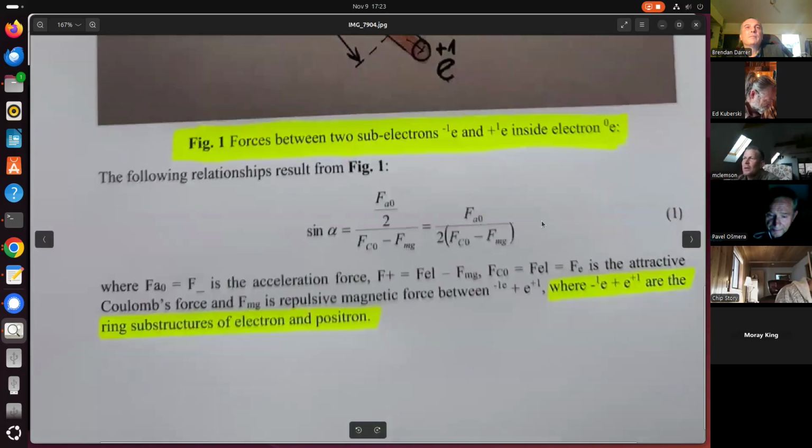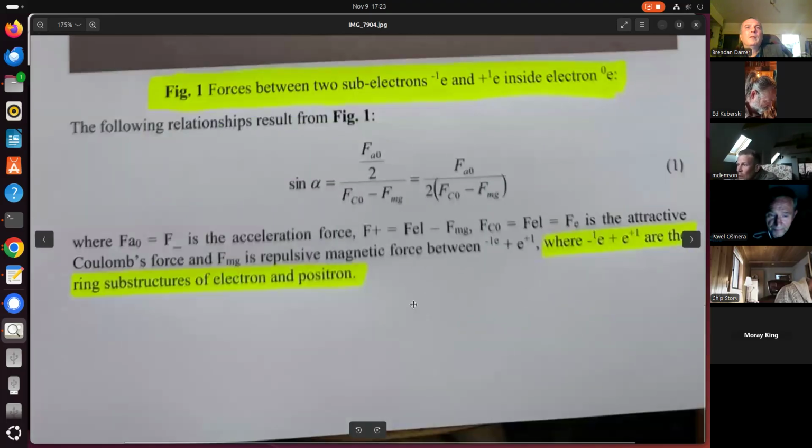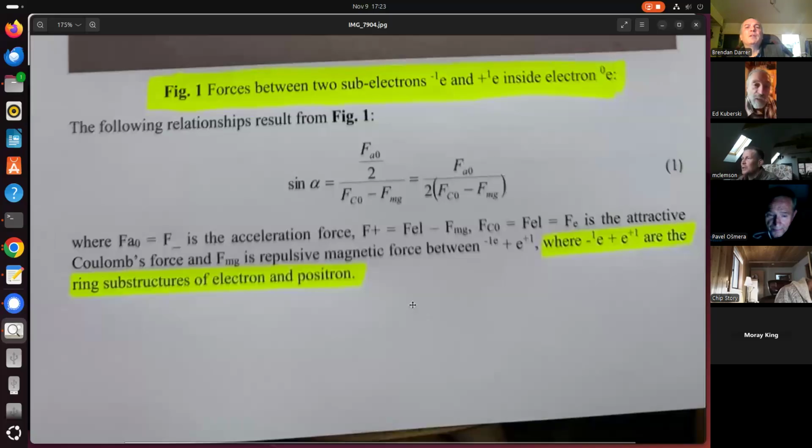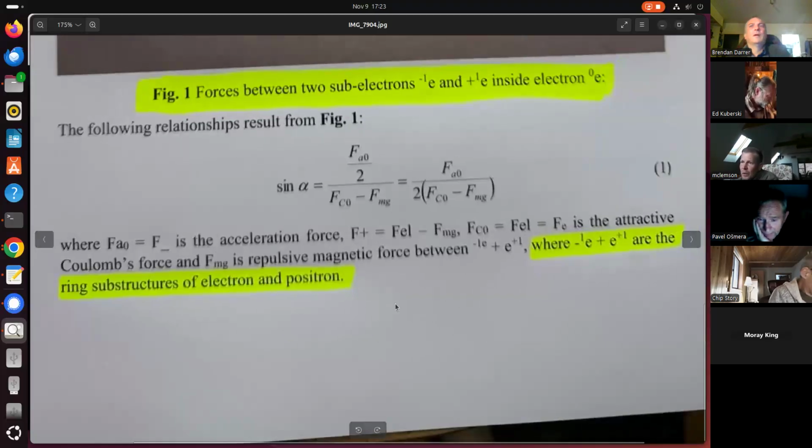The following relationship results from figure one. Sine of alpha equals... we're not going to read out the equations. Where force A sub zero equals force subscript, the acceleration force.